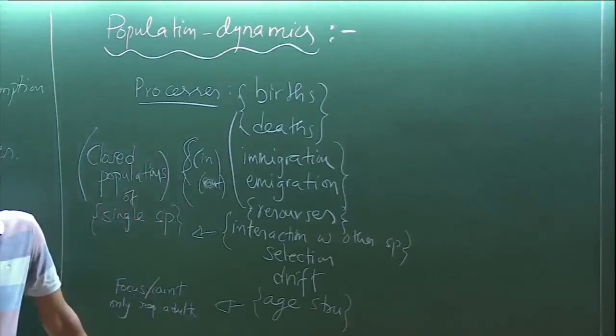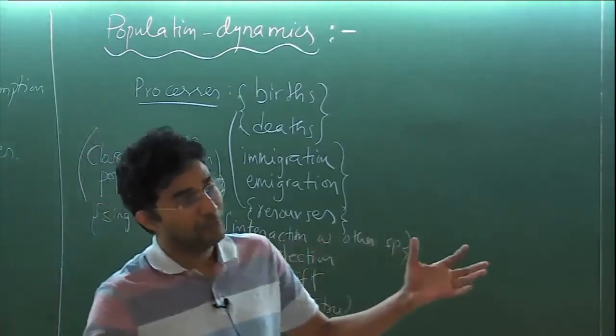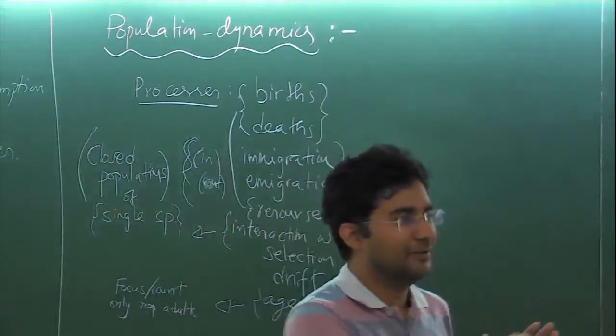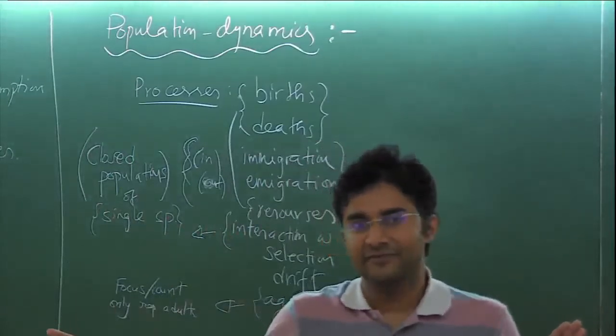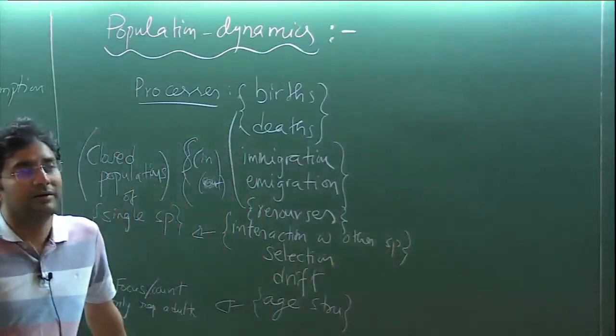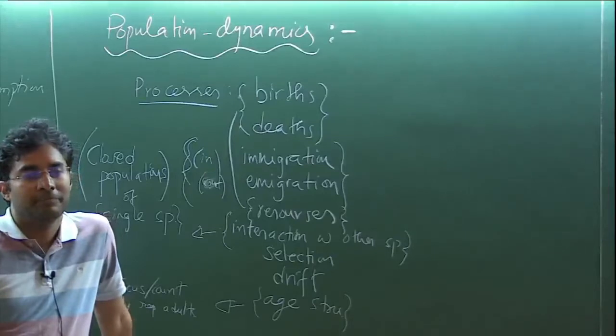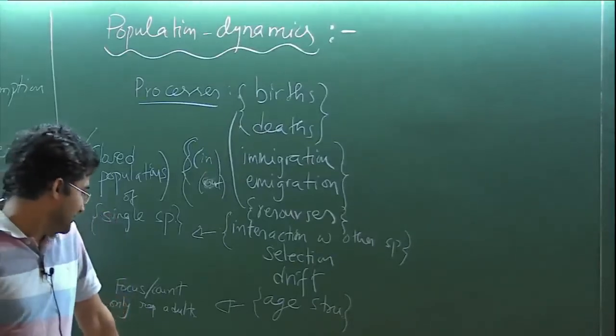Is that fine? So from now on, whenever we say population size, it's not the actual population size that encompasses all stages of life. We only mean adults who can reproduce. Okay. Maybe it's not wise. You're right.